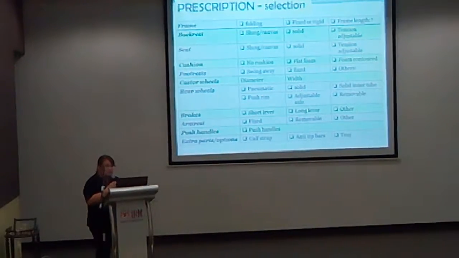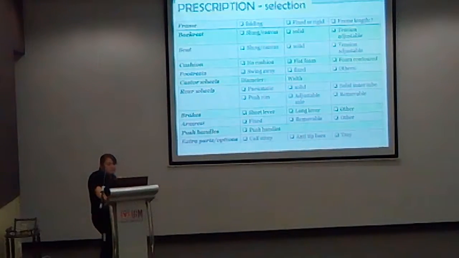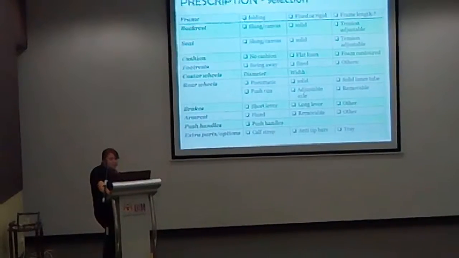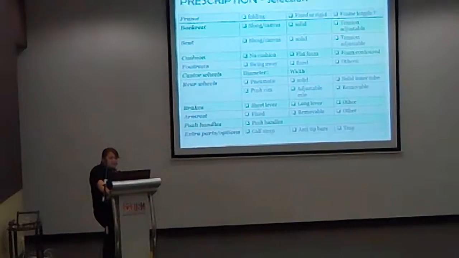So there is a prescription that you have to choose. Basically, there are the choices. Okay, so the frame is folding, fixed or rigid, and frame length. We have to measure the frame length for the wheelchair after the patient gets the wheelchair kan. Yang ni belum.